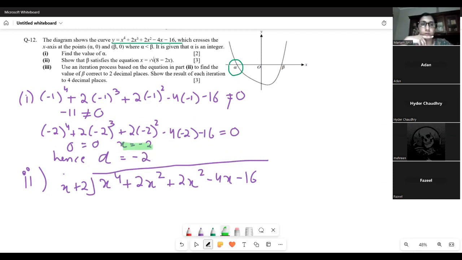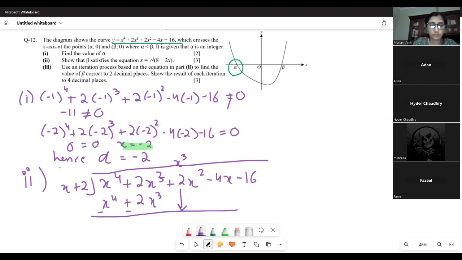Now we will do long division. This was q. Ascending powers of x have come, there is no need to write 0 with any of them. So we start with x cubed. So we have x power 4 plus 2x cubed. Both of these get cancelled. This comes down.